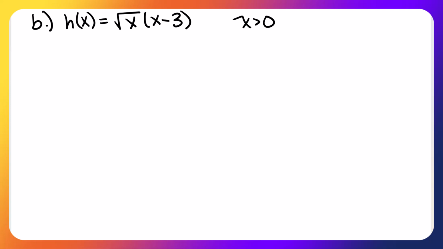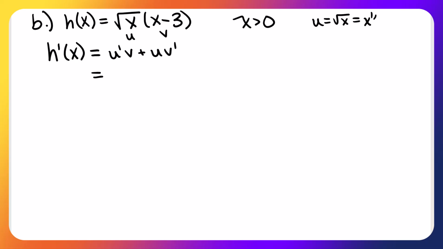So the first thing we need is our derivative. So I'm going to need to use the product rule. You can kind of think of your parts as u and v. So I want u prime v plus uv prime. So the derivative of u, thinking of u as again that square root of x, which is x to the 1/2.